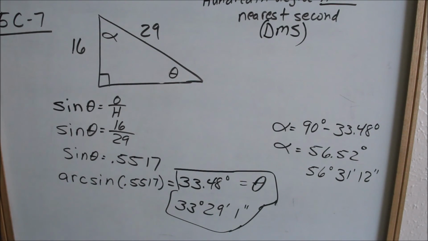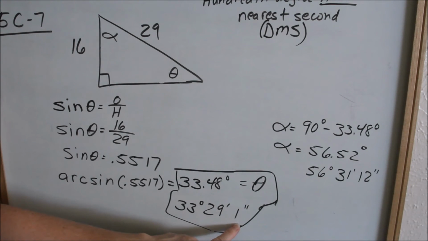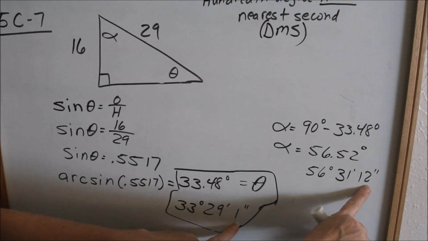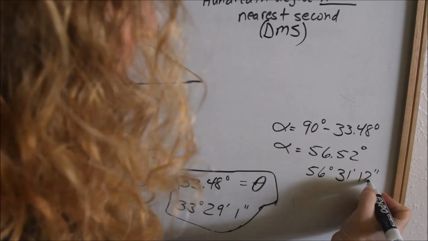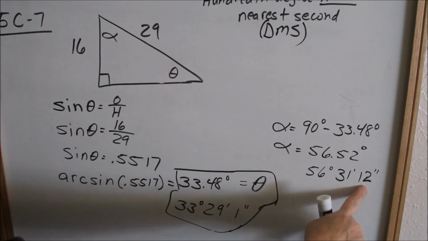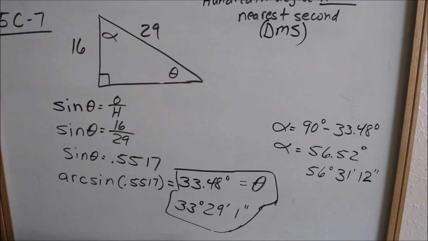If your degrees, minutes, seconds for both of them don't add up to exactly 90, something went wrong. 1 second and 12 seconds is only 13 seconds. Your seconds need to add up to a whole minute, in other words, 60 seconds. So something is off in the rounding, and something needs to be changed.